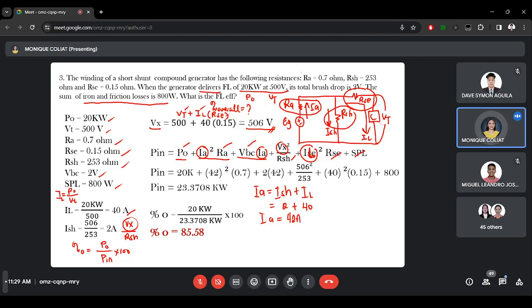Now we have the input power and output power, so we can get the overall efficiency. Overall efficiency is equal to 20,000 watts divided by 23.3708 kilowatts, times 100.